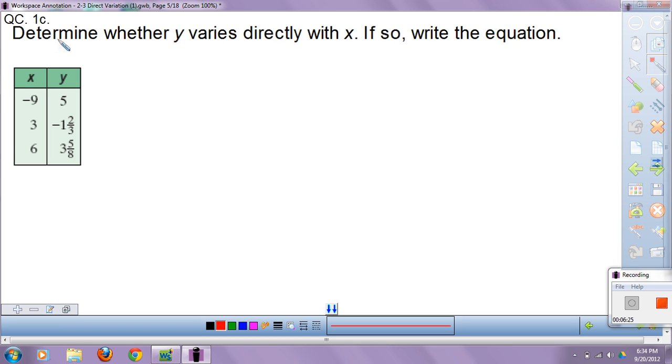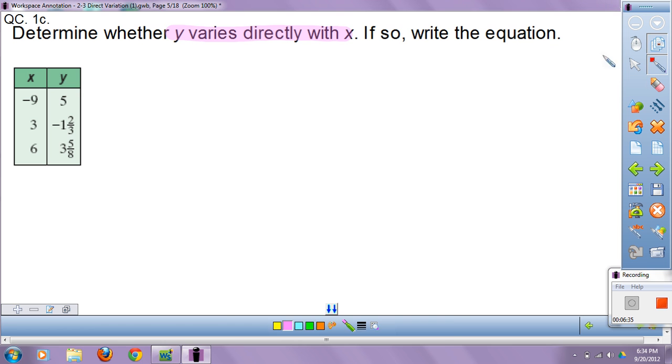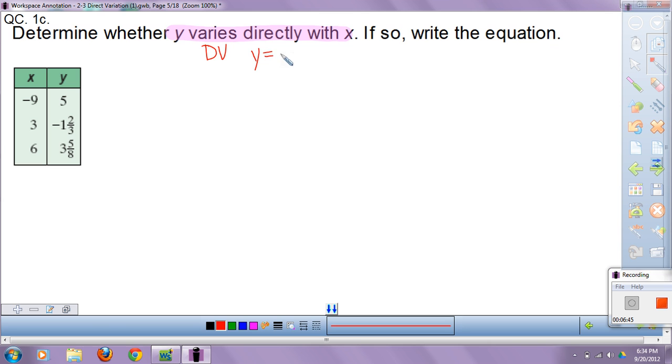Okay, so again, they want to know, determine whether y varies directly with x. What this phrase means is, this group of ordered pairs, is this data representative of a direct variation? And again, a direct variation is y equals kx, where k is your constant that never changes. So again, we've got to find our k. To solve for k, divide both sides by x, and you get that k is the ratio of y divided by x.